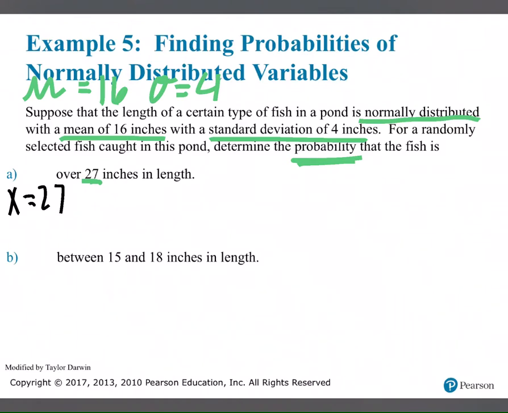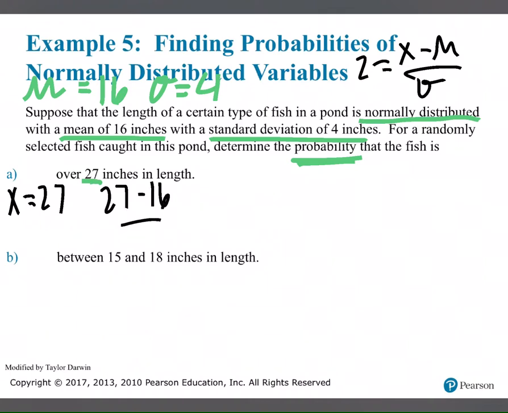So remember our formula. I'm going to use this formula to find my z. So x minus mu, 27 minus 16 divided by 4. Remember when you put this in your calculator to keep the numerator together.